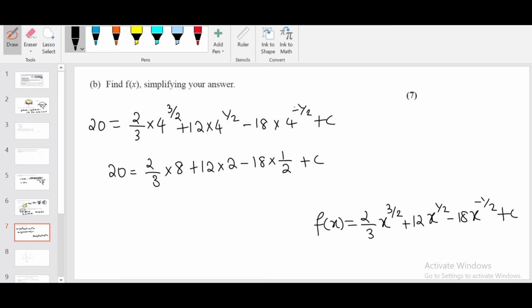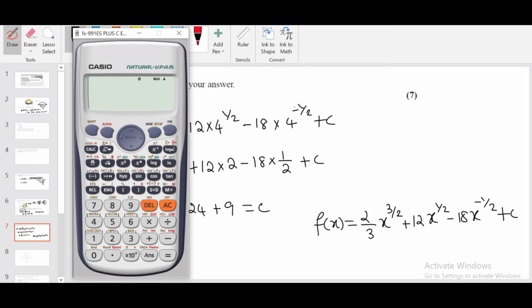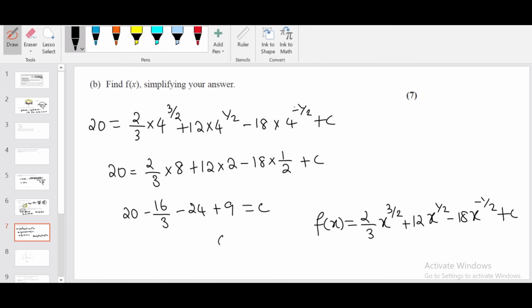So it's basically 20 minus 16 over 3 minus 24 plus 9 is equal to c. 20 minus 16 over 3 minus 24 plus 9, you get minus 1 over 3. c is equal to minus 1 over 3. Sub in here and write f of x again. You need to finally write f of x after finding c. That's all. It's a 7-mark question.